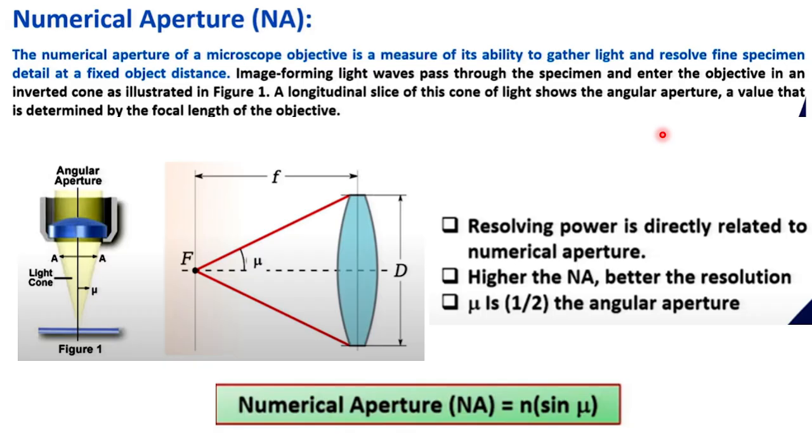The image forming light waves pass through the specimen and enter the objective in an inverted cone, and the longitudinal slice of this cone of light shows the angular aperture, a value that is determined by the focal length of the objective. So this is the equation: numerical aperture equals n times sine mu.